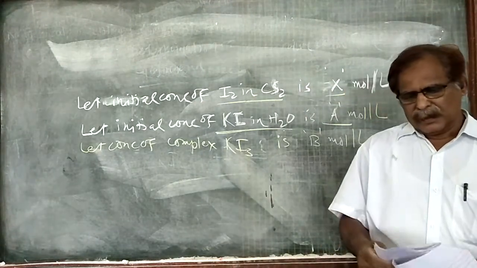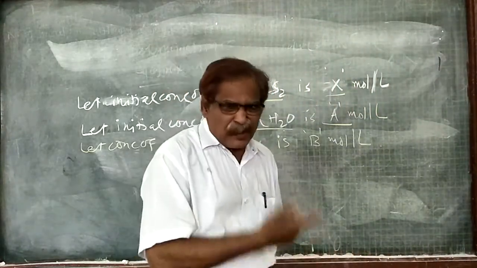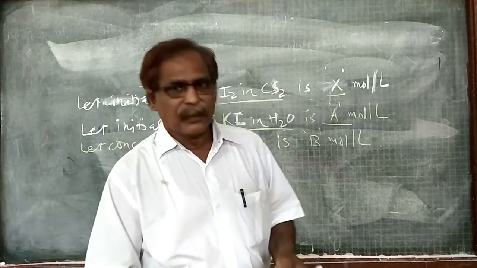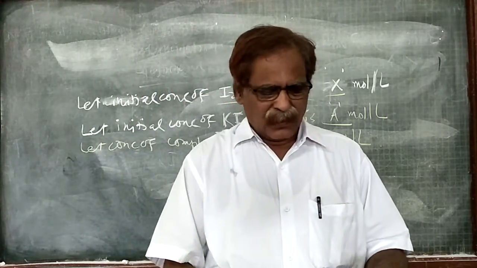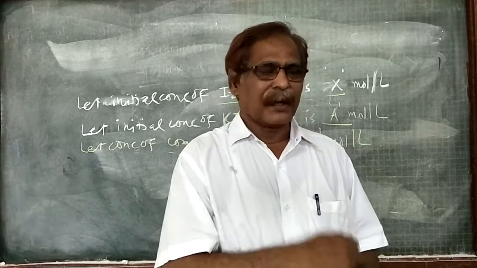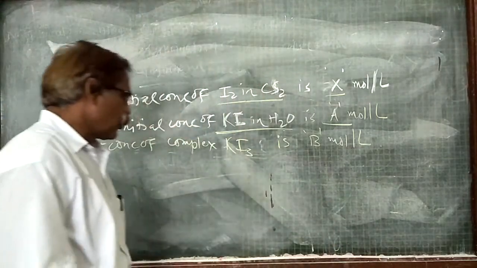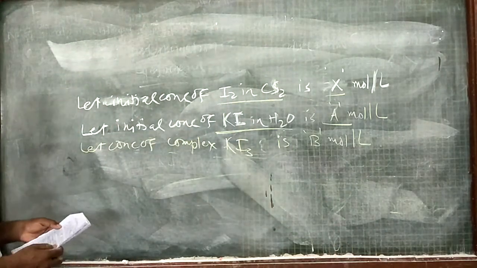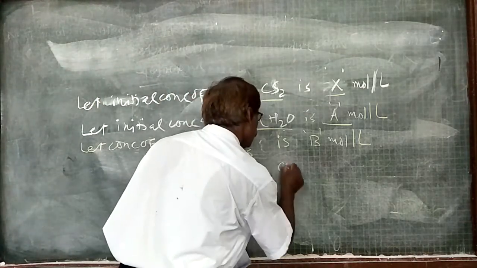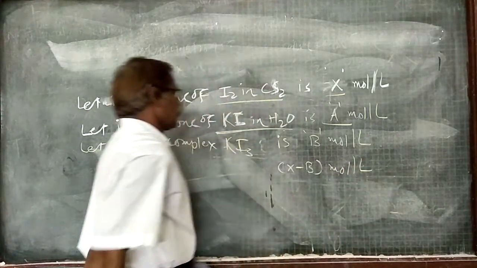Evidently, the concentration of iodine in the organic layer, that is the concentration of iodine in carbon disulfide, will be lower, and the concentration of iodine in CS2 will be equal to X minus B moles per liter.